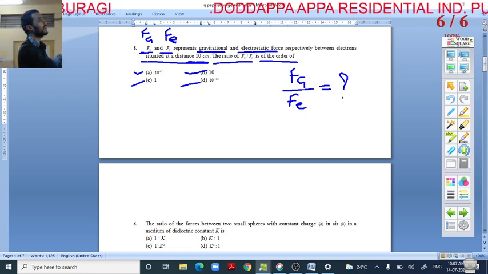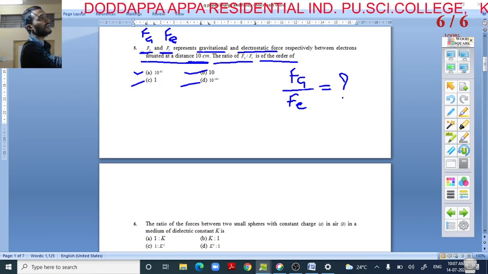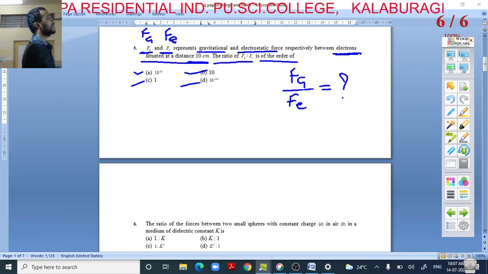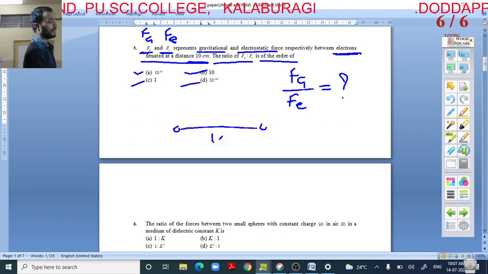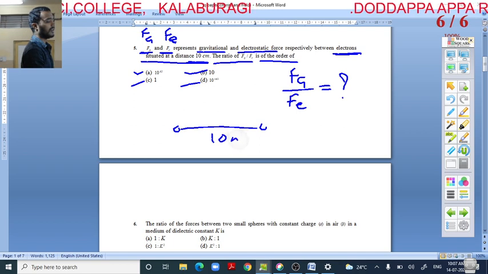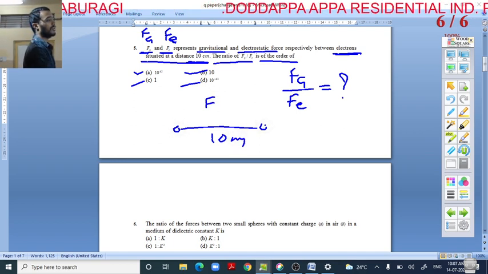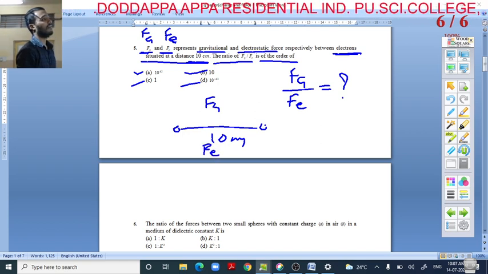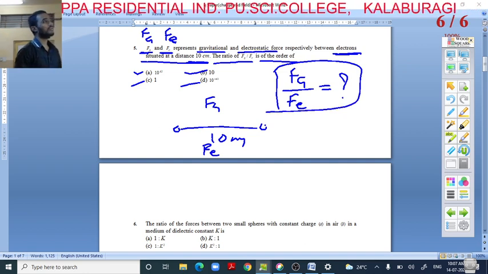Fg and Fe are the gravitational force and electrostatic force respectively between the electrons. Two electrons are here, separated by 10 centimeters. Between these two electrons, both Fg and Fe are there. And what is the ratio? This is the question.